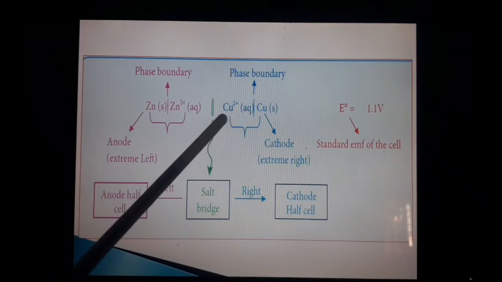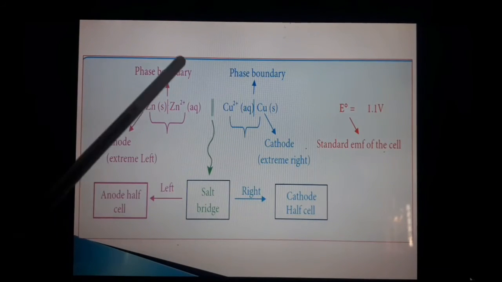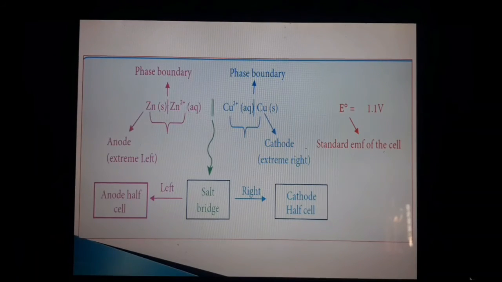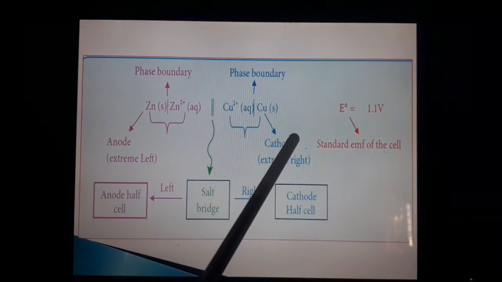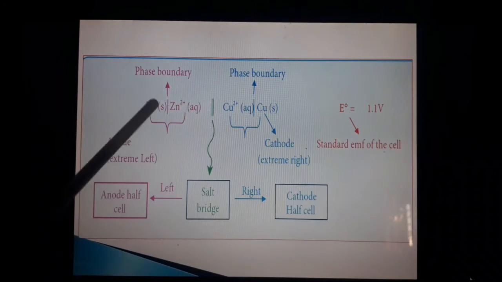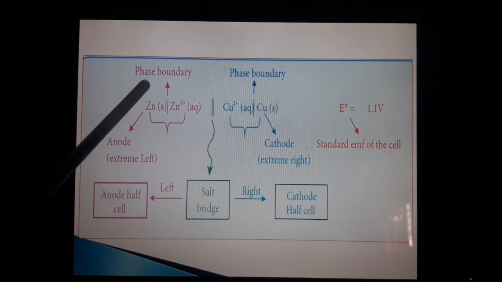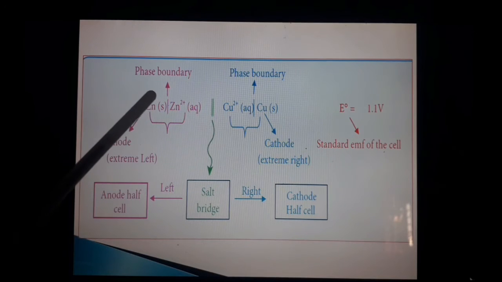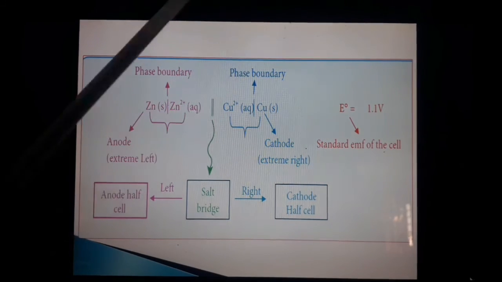Remember that, from your view, left is the anode part and right is the cathode part. This is the representation for the notation. All the equations of cells are represented in this way only.